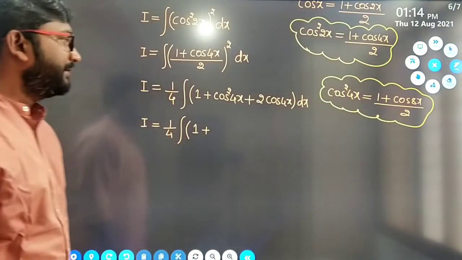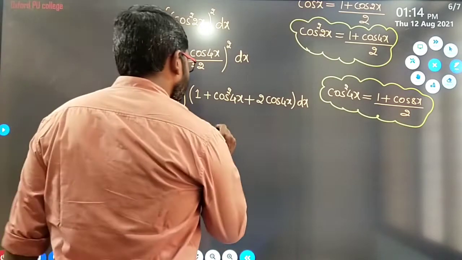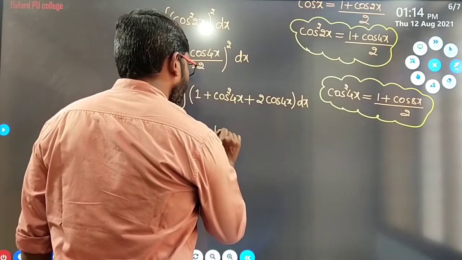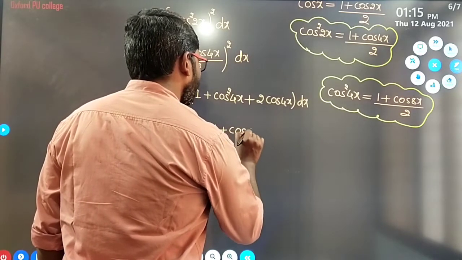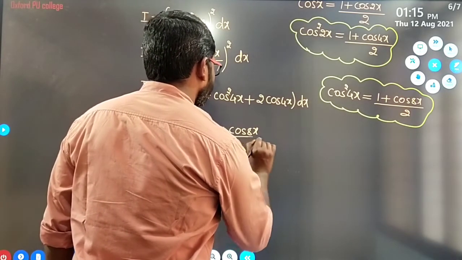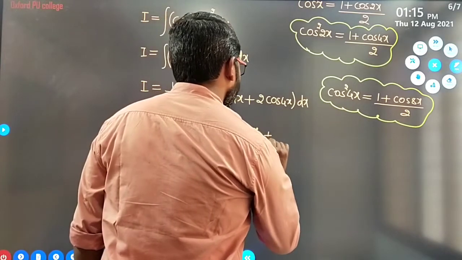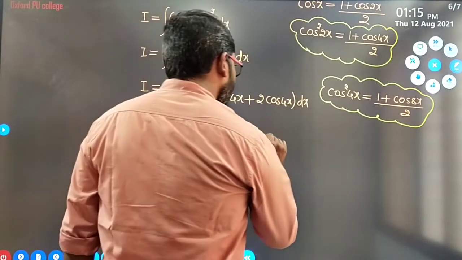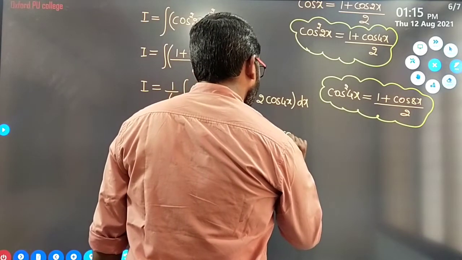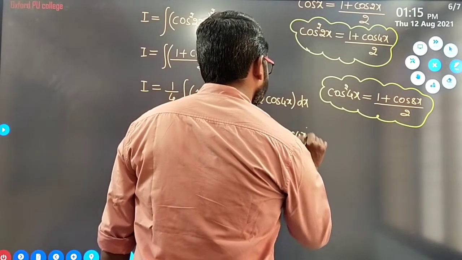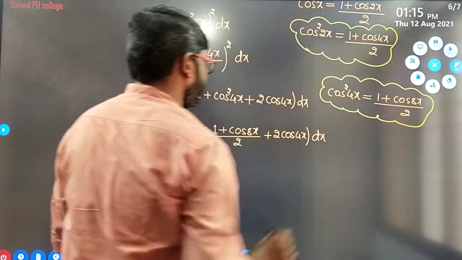Now replace cos square 4x with 1 plus cos 8x by 2. So 1 plus cos 8x by 2 plus 2 times cos 4x dx.